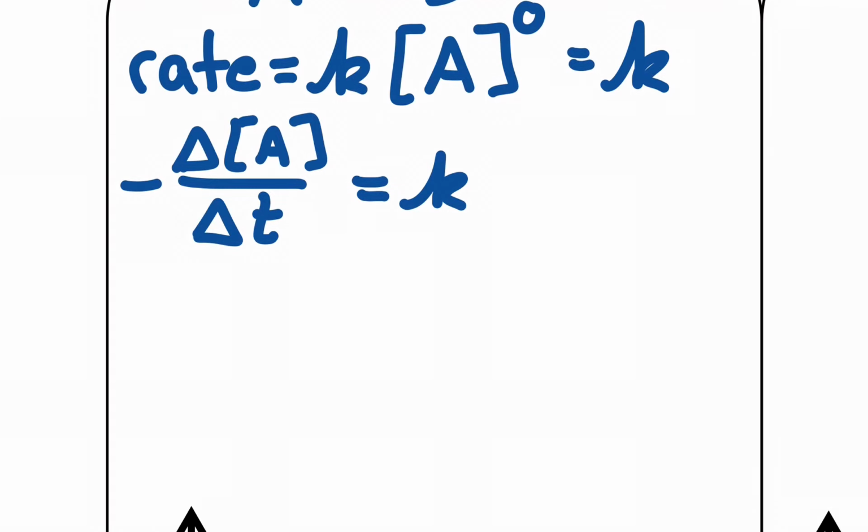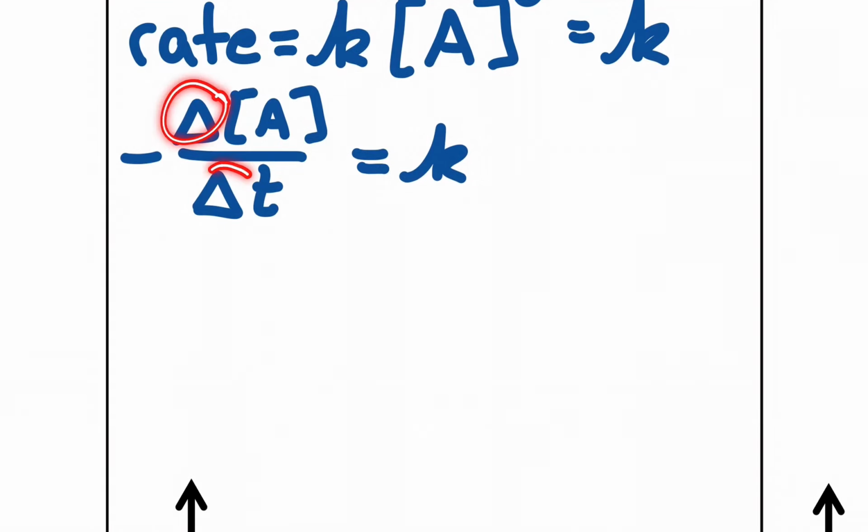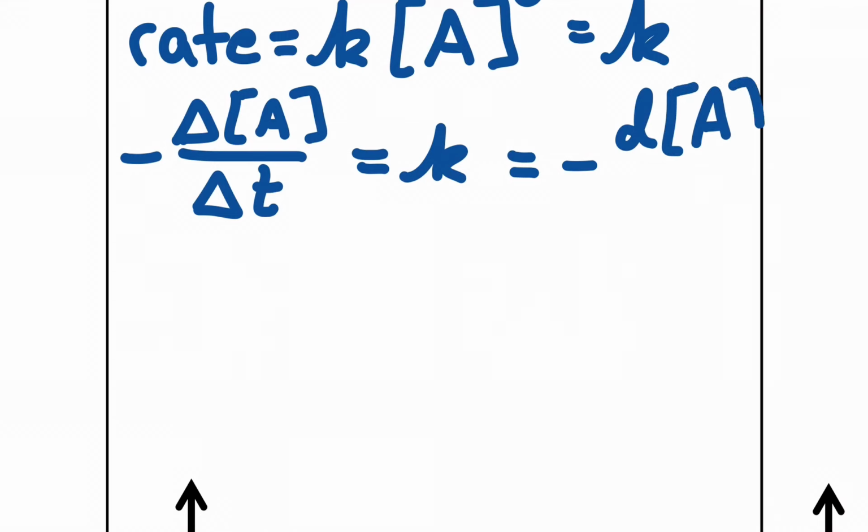Now I'm going to change those deltas to infinitesimal deltas, differentials, and instead of capital delta for some overall, I'm going to make them a differential delta and call it lowercase d[A]. Now, if you haven't done differential calculus in your math classes yet, that's okay. Just follow along in the meantime.